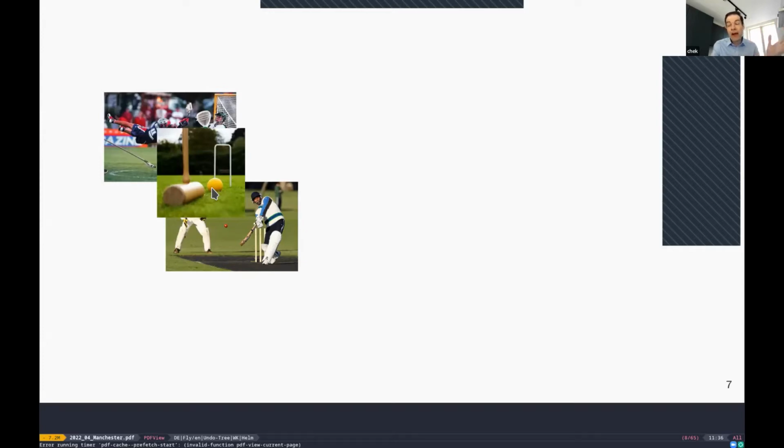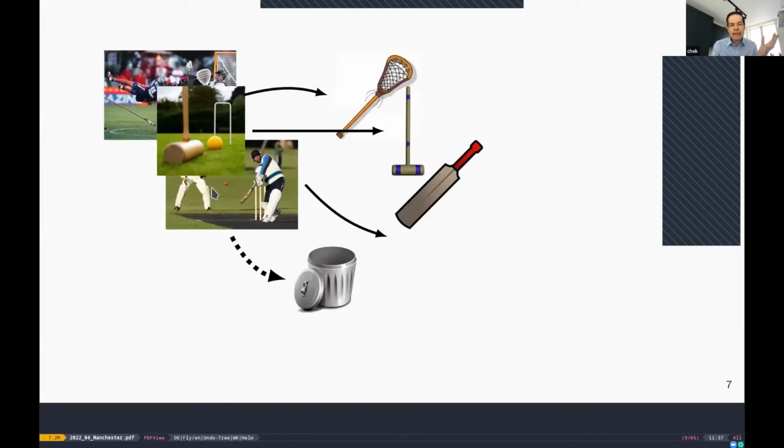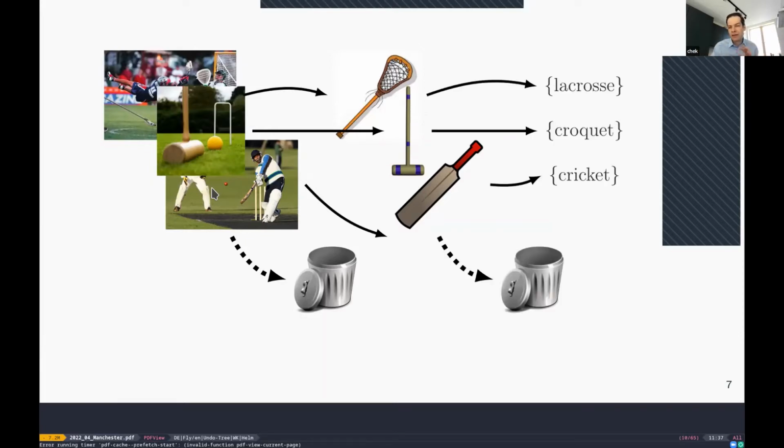What the task will tell us is that these sports can all be differentiated by the tool that you use to play them. So we try to design an algorithm that throws away everything else so that we get out this tool. And from this tool, it's a very, very easy representation to get to these three labels, right? Super simple. Okay?